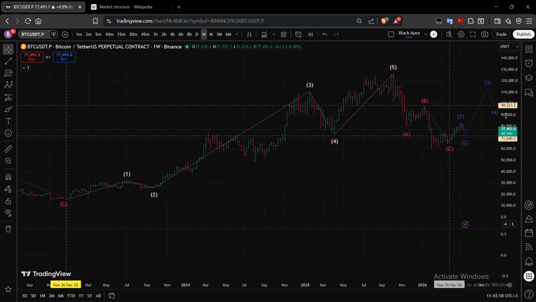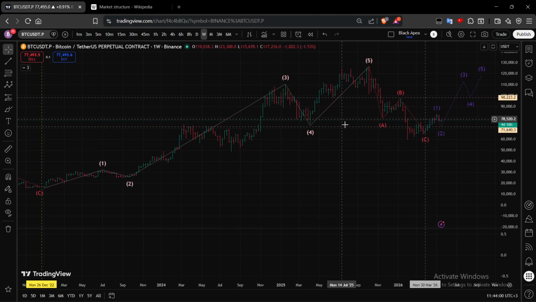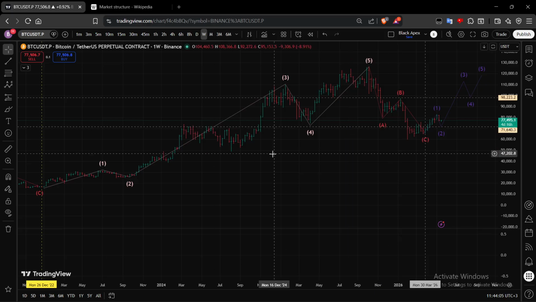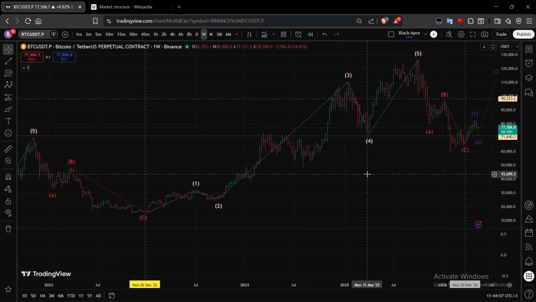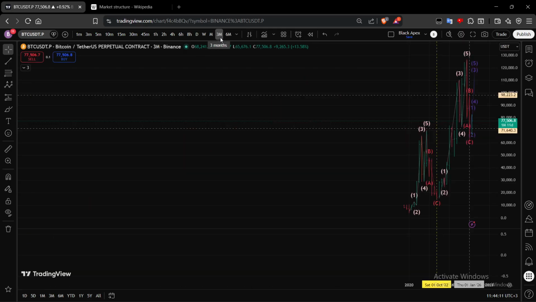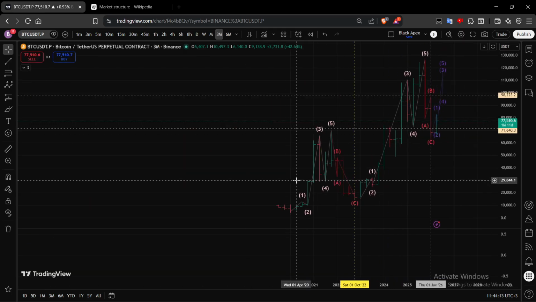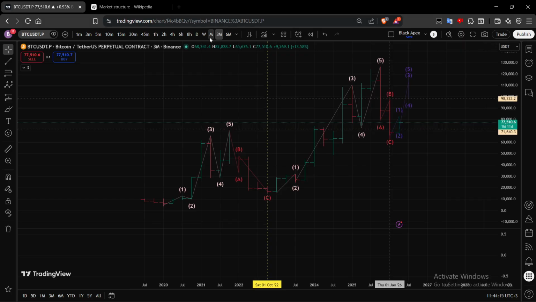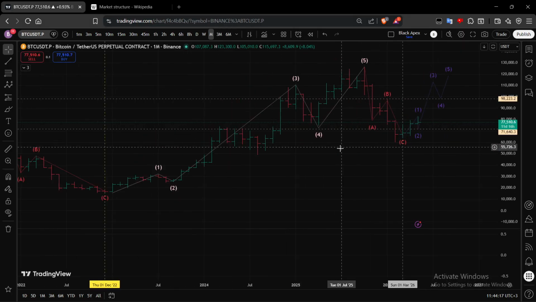Analyzing this market, you can see that at the moment we're in some sort of impulse, but we always respect the higher time frame before we respect the lower time frame. If you look at the lower time frame, you can see the higher time frame.